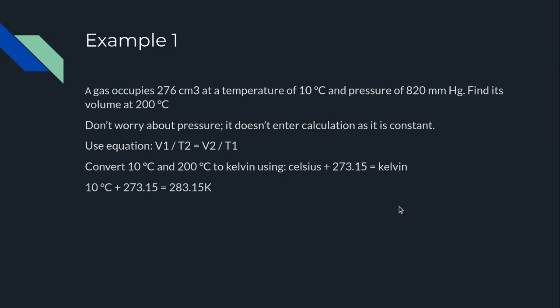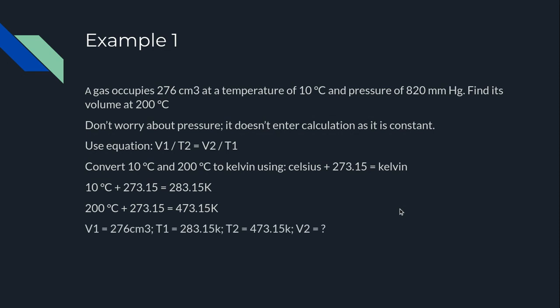10 degrees Celsius plus 273.15 is 283.15 kelvins. 200 degrees Celsius plus 273.15 equals 473.15 kelvins. V1 equals 276 centimeters cubed. T1 equals 283.15 kelvins.